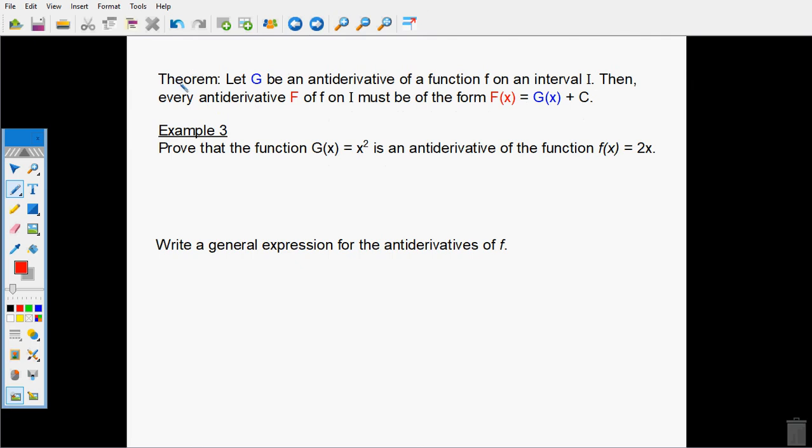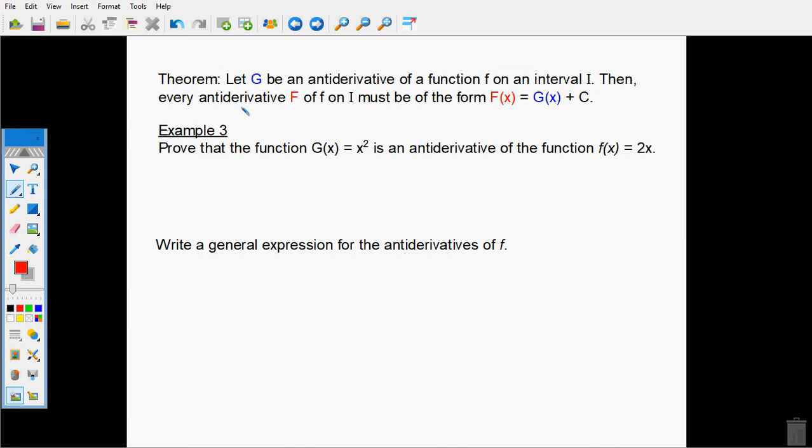So we have this theorem. It just says let g be an antiderivative. So when you hear the word antiderivative or integral, you can think to yourself sort of the original function. Let g be an antiderivative of a function f on some interval I that we define.